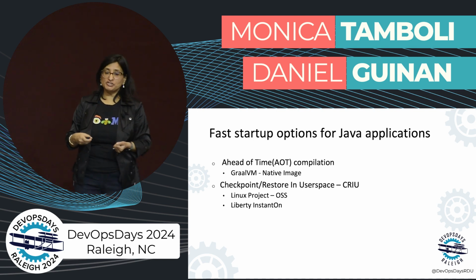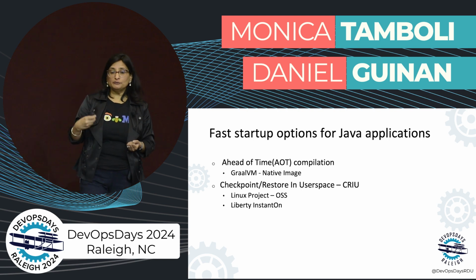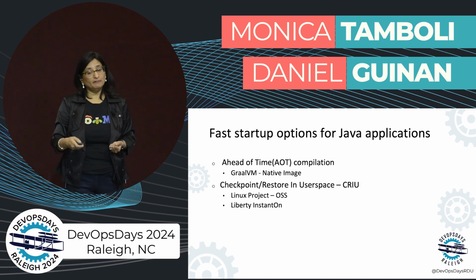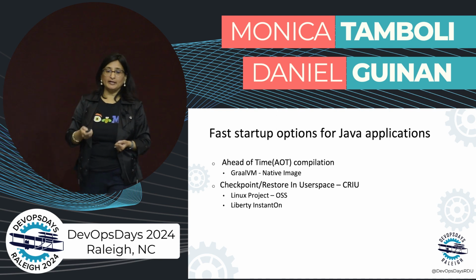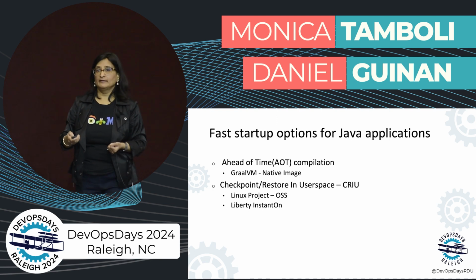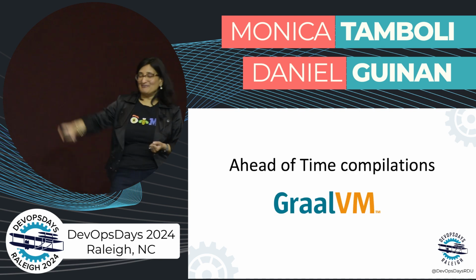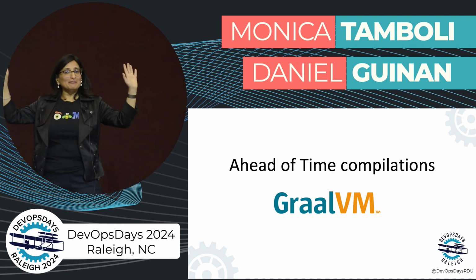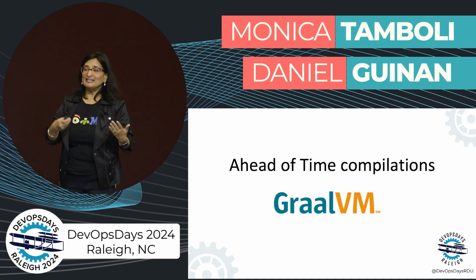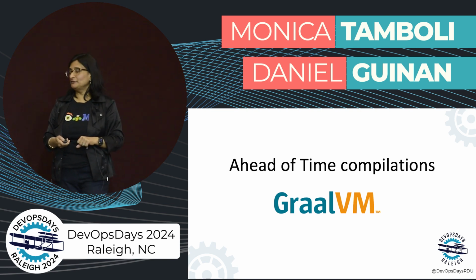And the second one is checkpoint restore in user space. We are going to show one demo using CRIU. Anybody heard about CRIU? All right, one. Yeah, I think if you can just take away the main point, how they are different, that would be good in case you want to use any of these technologies.